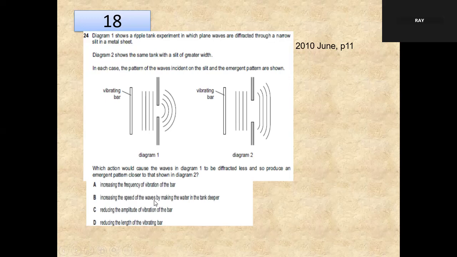Increasing the speed of the wave by passing the water in the tank deeper doesn't affect. Reducing the amplitude doesn't come in. Amplitude will be the same. Reducing the length of the vibrating rod just affects this length, that's all. Answer is A.